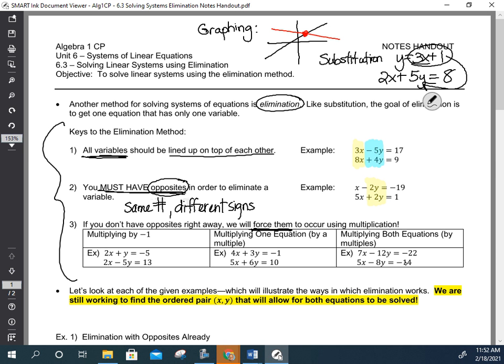And there are three ways to force it to work. Multiplying by -1, which we'll do in a bit. Multiplying one equation by a multiple. Or multiplying both equations by multiples. Sometimes we have to use a little bit of force.